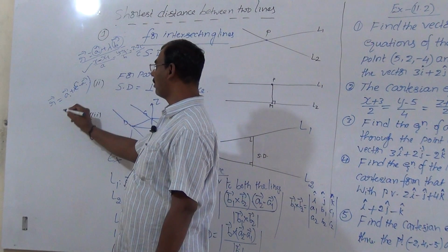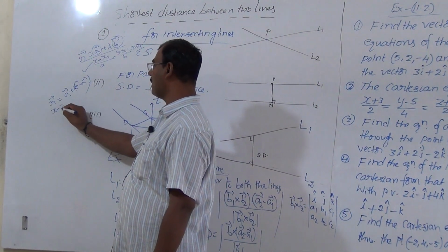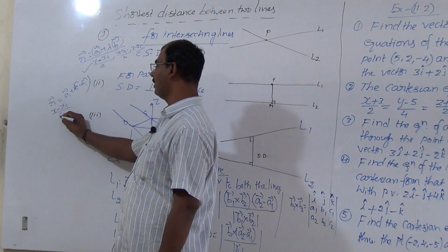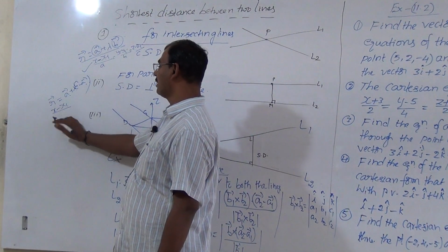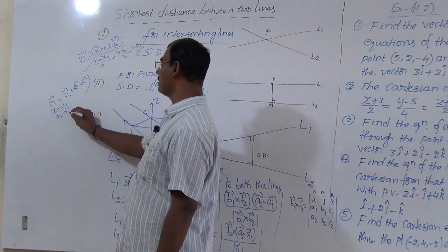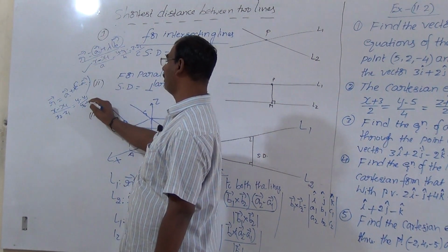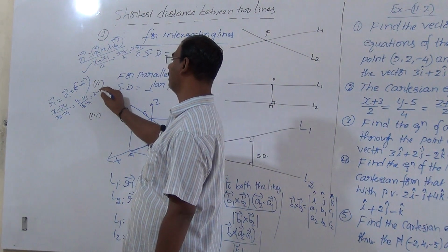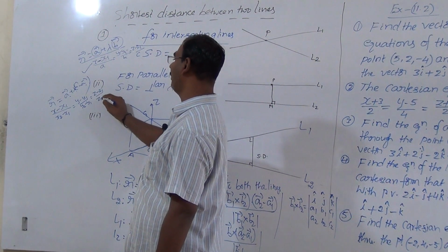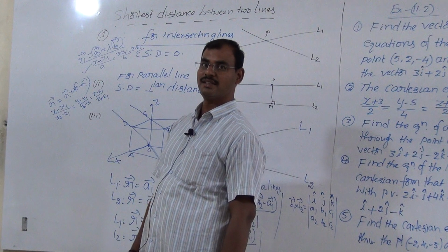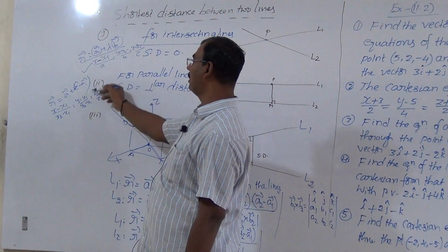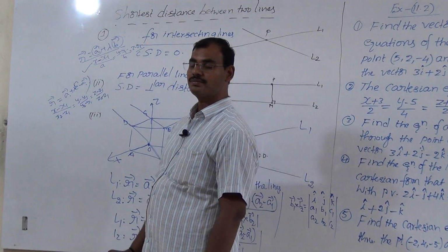In Cartesian form, x minus x1 divided by x2 minus x1 is equal to y minus y1 divided by y2 minus y1 is equal to z minus z1 divided by z2 minus z1. So these are the equations of lines.